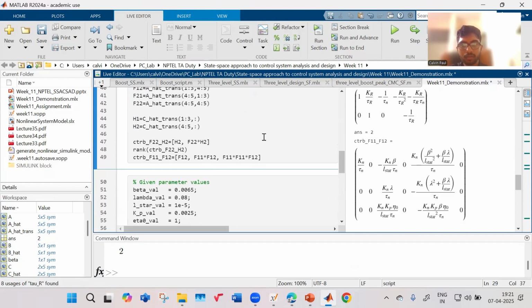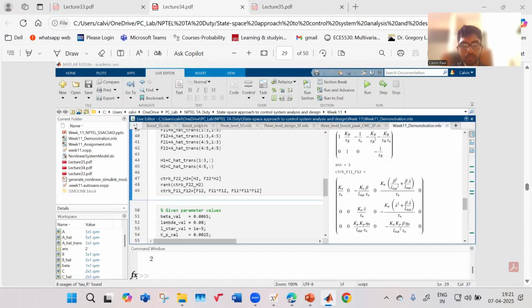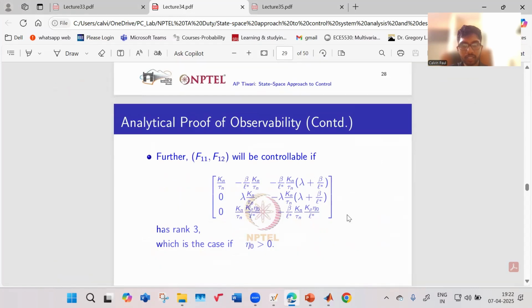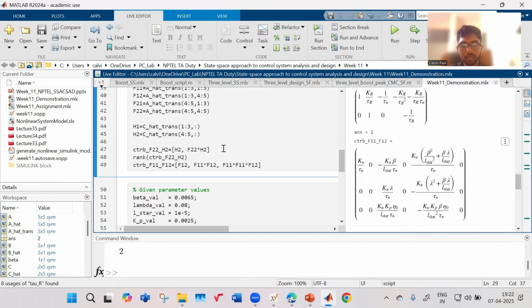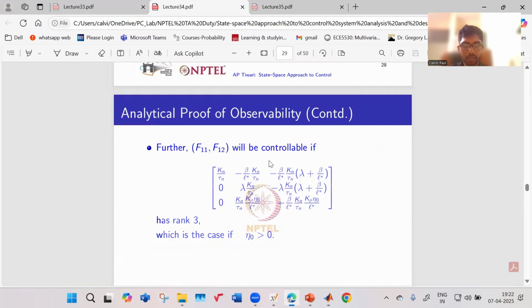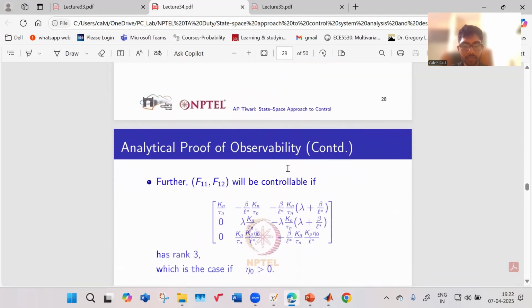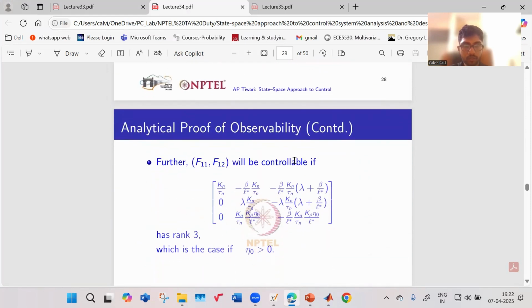It comes out to be like this: k upon tau, 0, minus beta upon L star, k and k1 minus. There's some mistake. What is this? F11, F12 controllable?